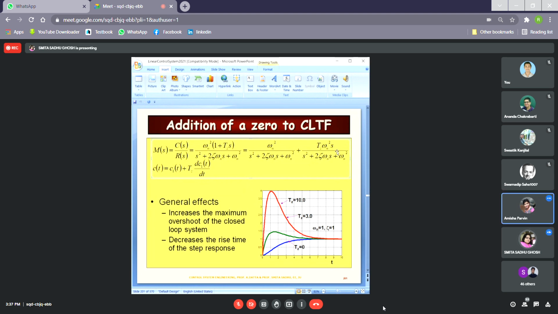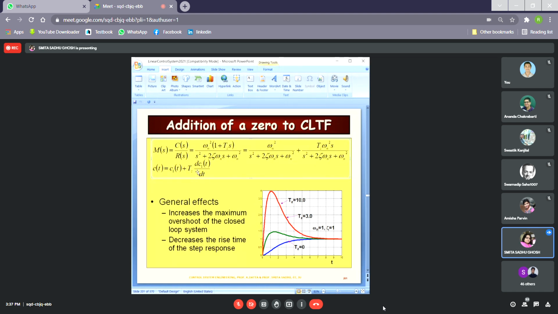Derivative, yes. So you find that in this, tz is there, and the original second order transfer function, omega n square by s square plus 2 zeta omega n s plus omega n square, is already there, and with that one s is multiplied. So if you take the Laplace inverse, you would land up with tz into the derivative of this.